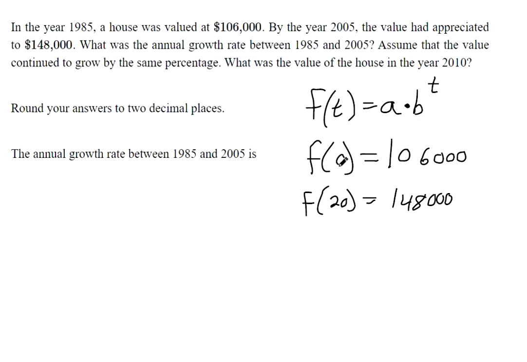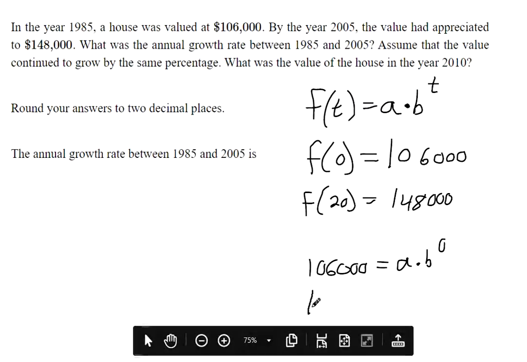If we plug in 106,000 here, because that's the amount we have after a certain time, and we plug in 0 for t, and simplify, you get A equals 106,000.